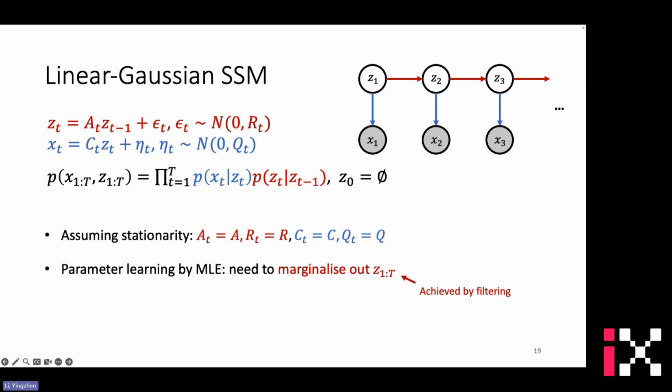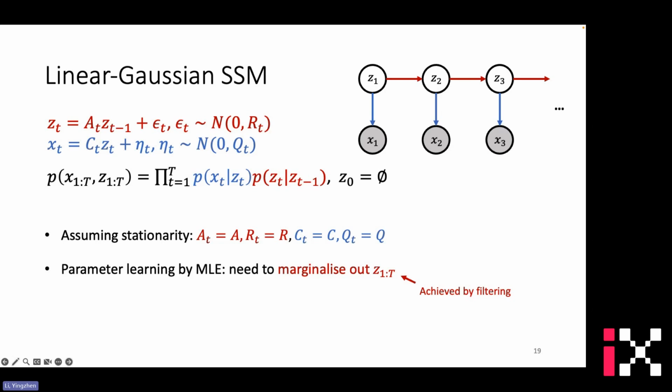I hope at this point it is quite familiar to you that we are going to do maximum likelihood. But the interesting thing is that maximum likelihood requires you to integrate out these unseen latent variables Z1 to ZT.